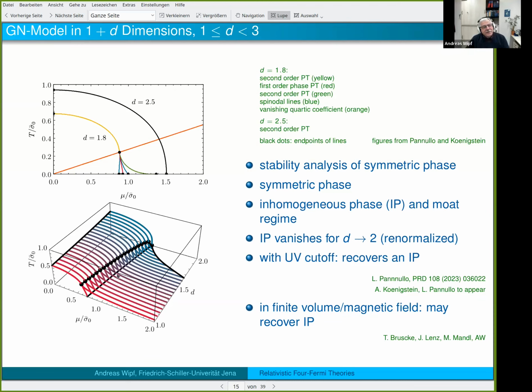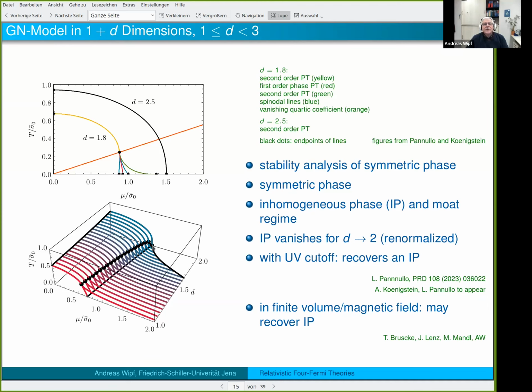That's again shown in the lower plot. You see this Lifshitz point where, so to say, the inhomogeneous phase emerges. And then if we increase the dimensions from 2 space dimensions to 3 space dimensions, it rapidly disappears, the Lifshitz point.